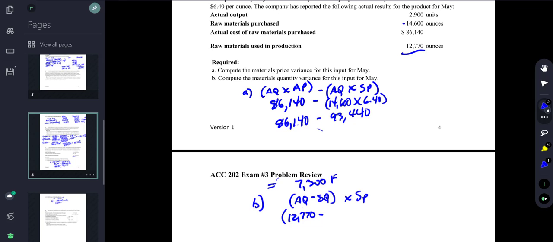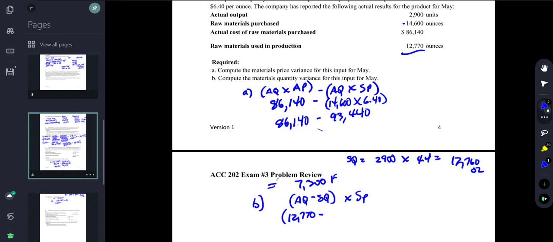Well, in order to get the standard quantity, we're going to have to do a calculation. So the standard quantity is going to equal the production of 2,900 units times the standard quantity per unit, which is 4.4 ounces. And that gives us 12,760 ounces. So that is the standard quantity.